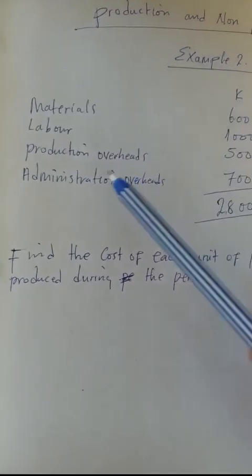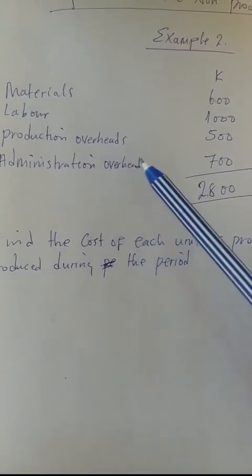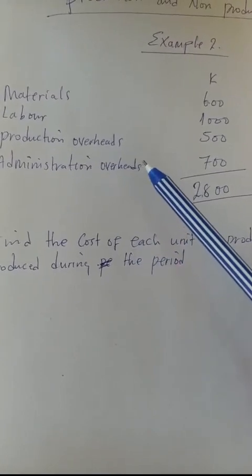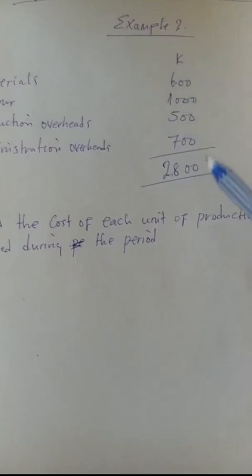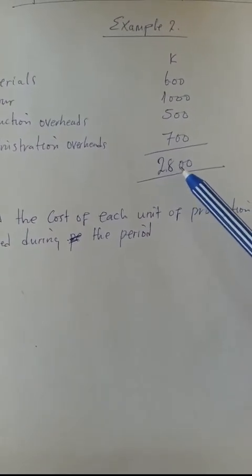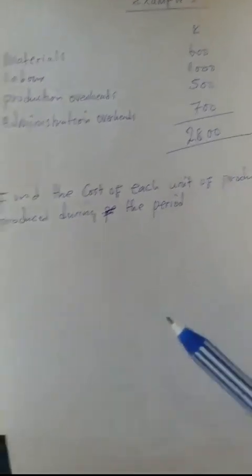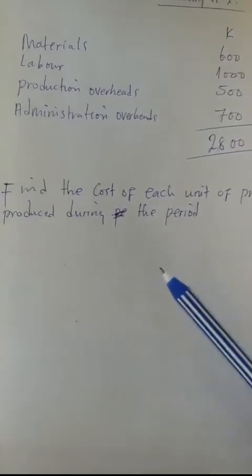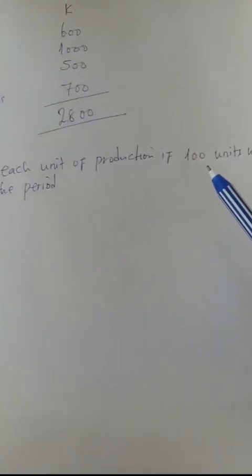So if you check on the costs that I have here, of course, administration overheads are not part of production costs. But this is the total that we have for the costs that a business incurred for a certain period. The question here is: find the cost of each unit of production if 100 units were produced during the period.